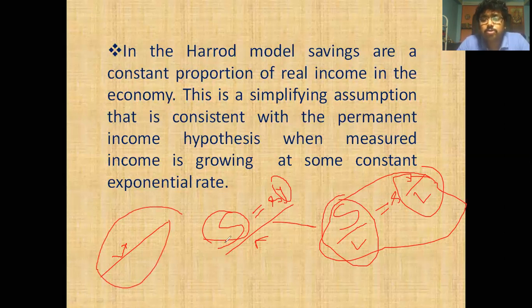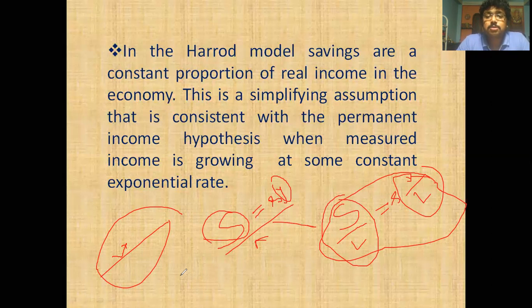But according to the Solow model, by changing the capital output ratio, if the growth rate of the economy deviates from a particular growth path, it will come again to that path.